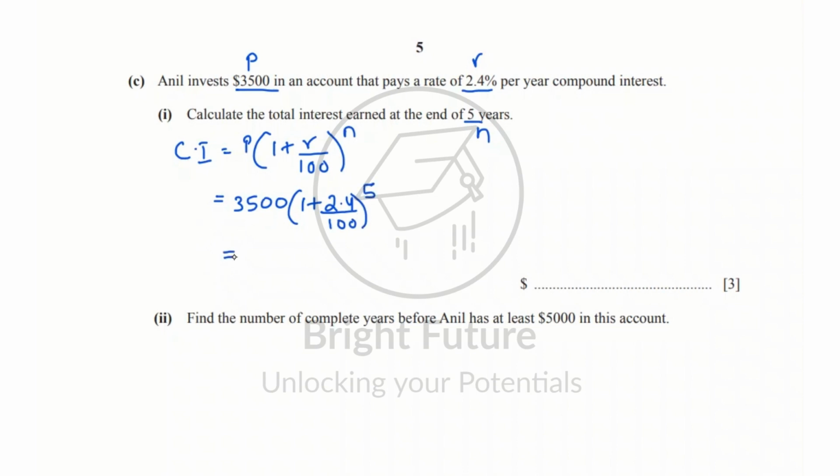After this calculation, we get $3940.65.